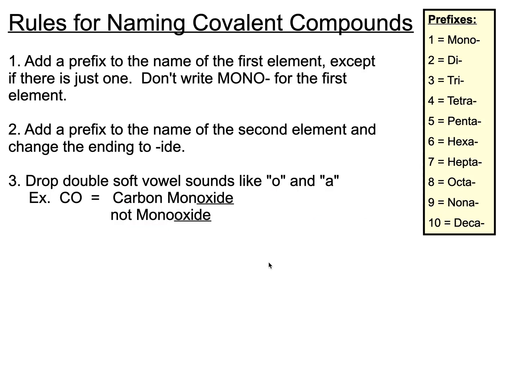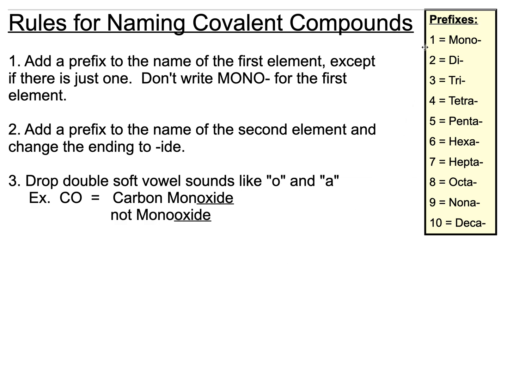So what are those prefixes? Well, I bet you know a bunch of these already. 1 is mono. 2, di. 3, tri. 4, if you think about the game Tetris, every little shape made of 4 squares. Think tetra, 4. Penta, you probably know the pentagon. Hexa, hexa means 6, hexagon. Hepta is 7.